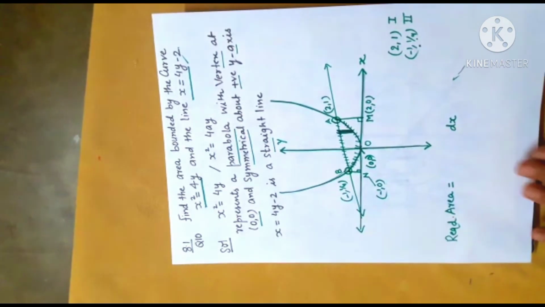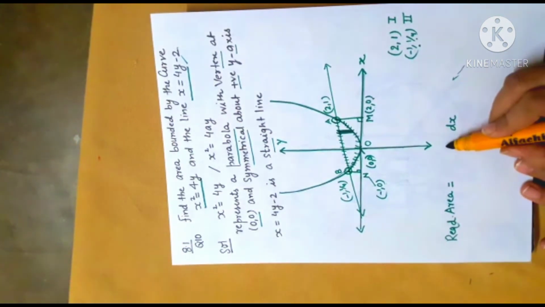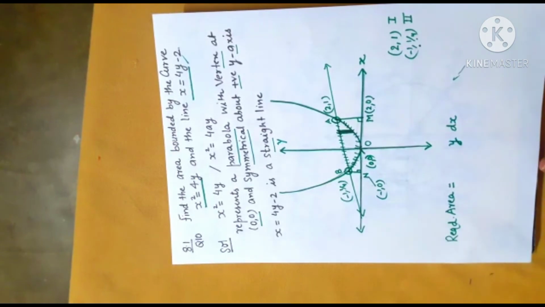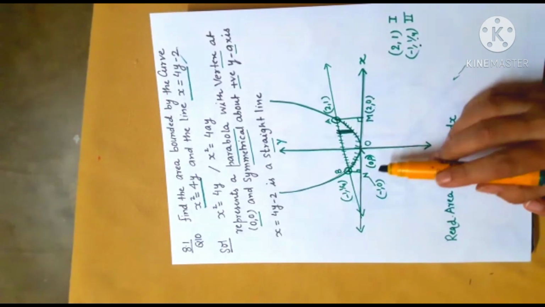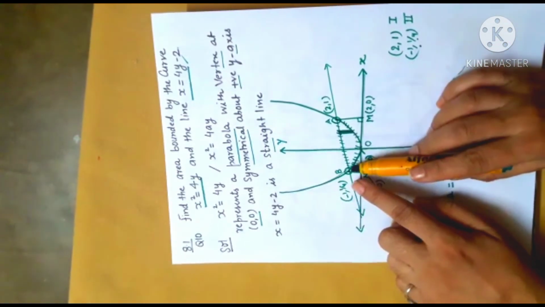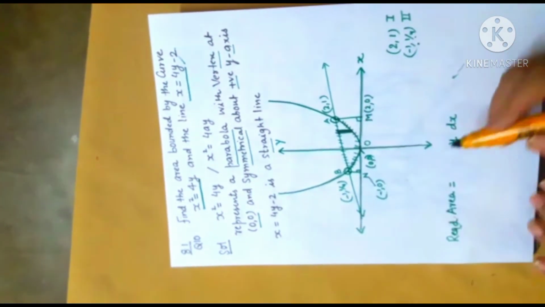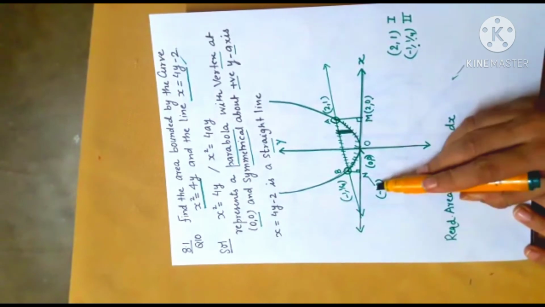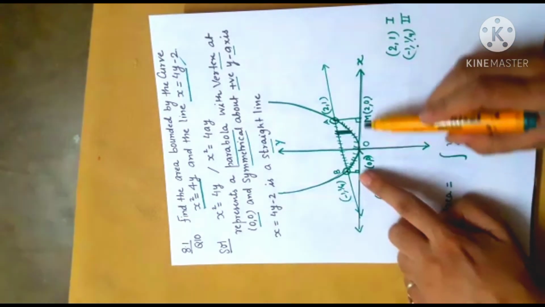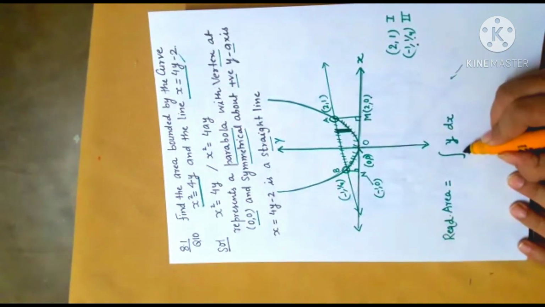The width of the strip will be dx. The length of the strip will be y. Right? And the strip will move from here to here. So the limits of integration will be from minus 1 to 2.